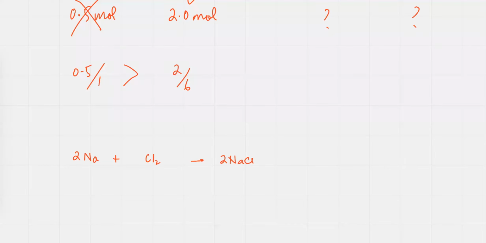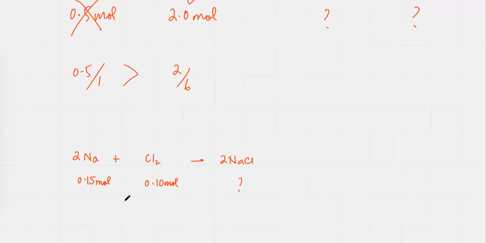If only one of them is given, then there's no issue. If 0.15 moles is given, you don't have a choice, you just have to use that. You're going to use these moles. But what if they gave you these moles as well, that this is 0.10 moles? So how much NaCl would be produced? Now there's a question mark. Whose moles are you going to use? Which one are the correct moles out of the two? Can anyone quickly tell me which out of the two you would use? Which one is in excess?